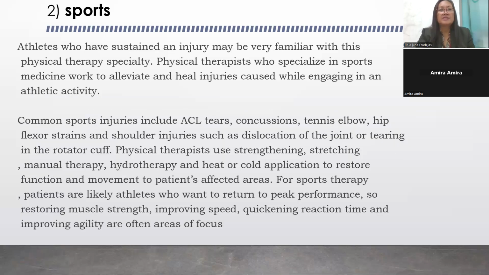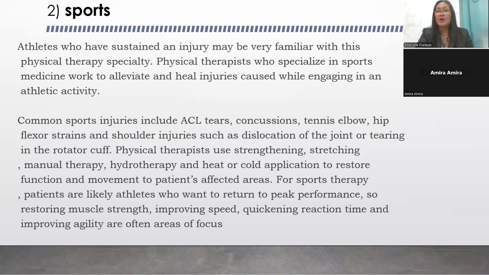The next specialty is sports. Okay, this is the second. Athletes who have sustained an injury after an athletic activity. So these physical therapists specialize in sports medicine to alleviate and heal the injuries sustained while engaging in an athletic activity.